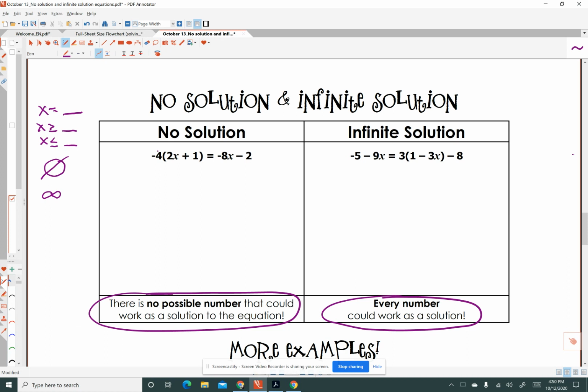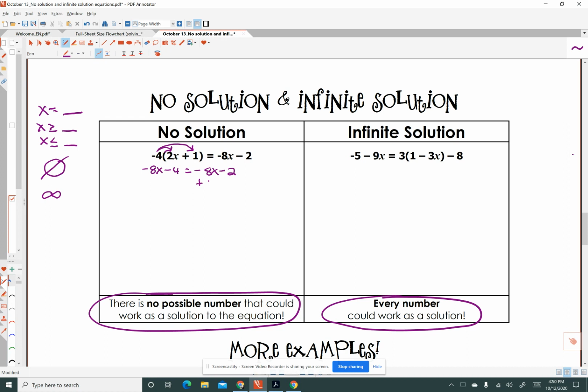So I see here that I'm going to have to use the distributive property first on this equation. Negative 4 times 2x is negative 8x. Negative 4 times 1, a negative times a positive is negative 4, equals negative 8x minus 2. And let's think about this.